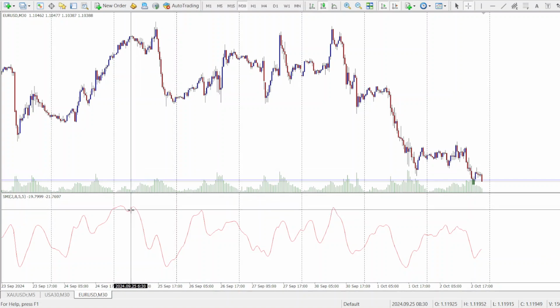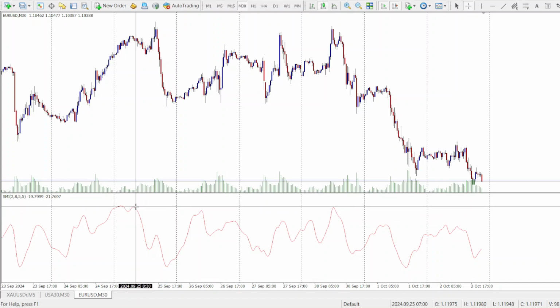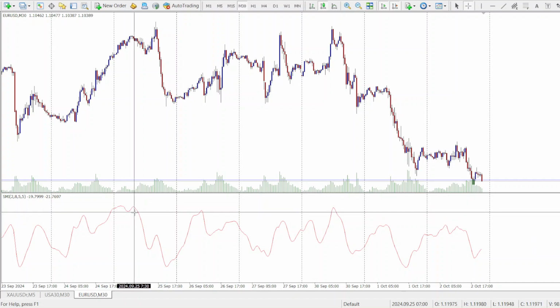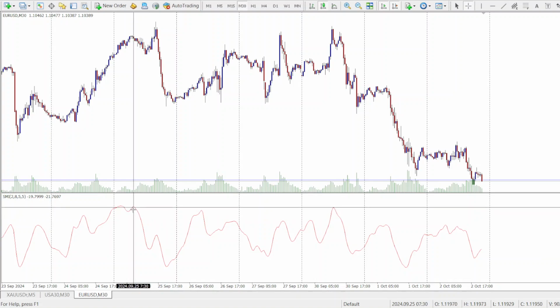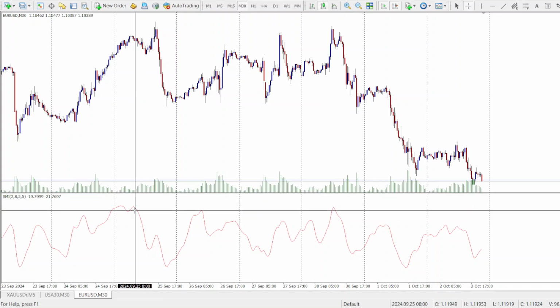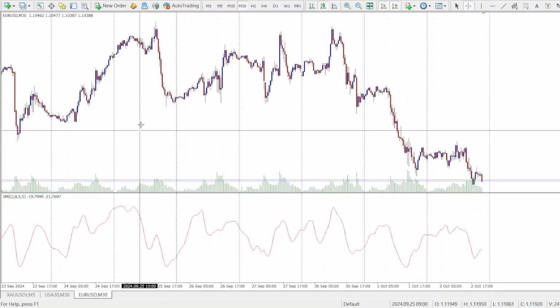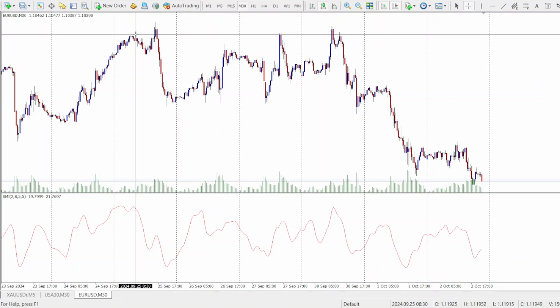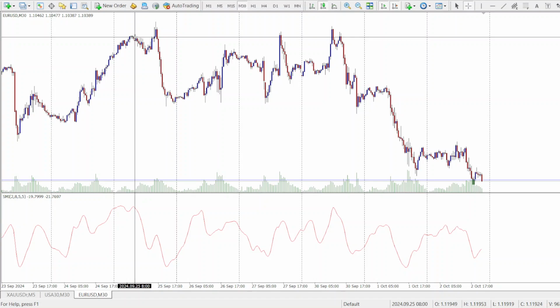We would have decided to enter a sell trade just right after the curve, and that would have been somewhere around here, right?